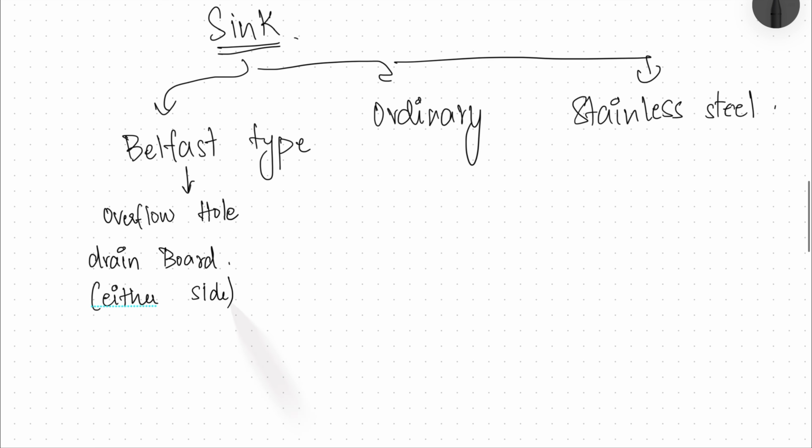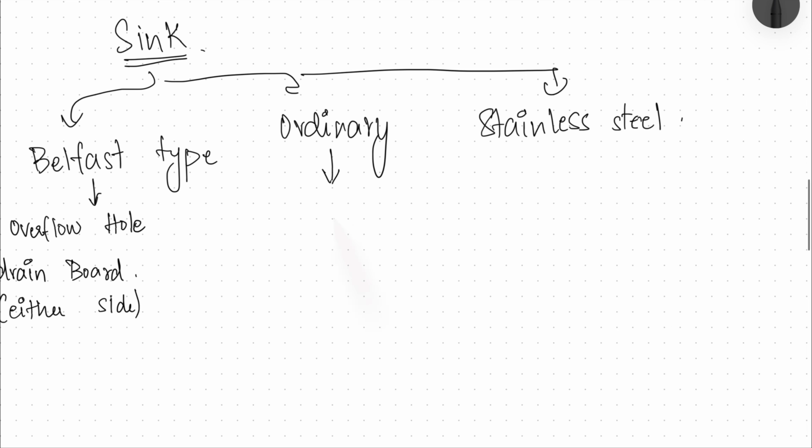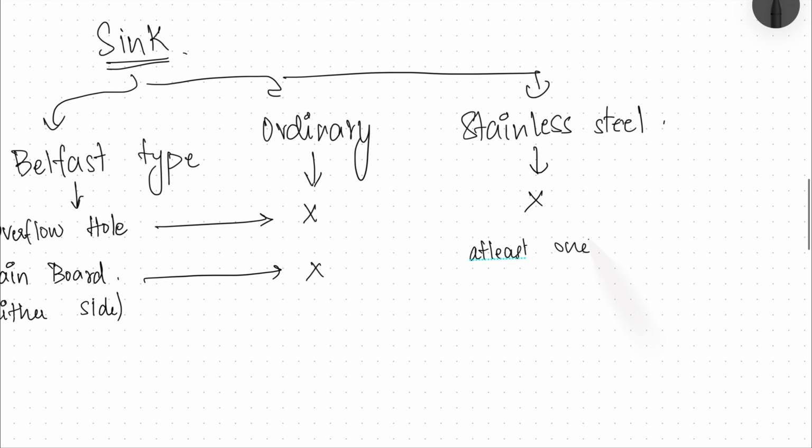In ordinary sink, you do not have an overflow hole and you do not have a drain board. In stainless steel, you do not have an overflow hole, and sometimes you have at least one drain board. At least most of the times.